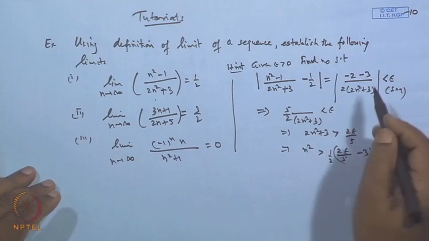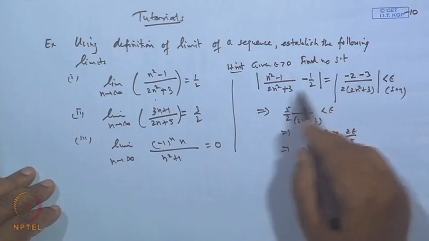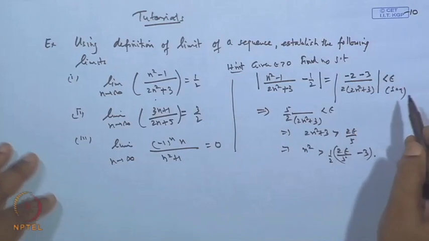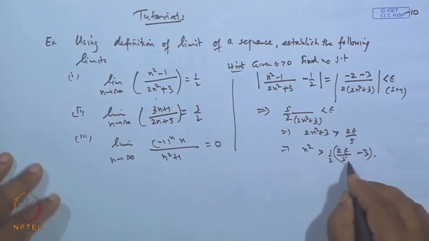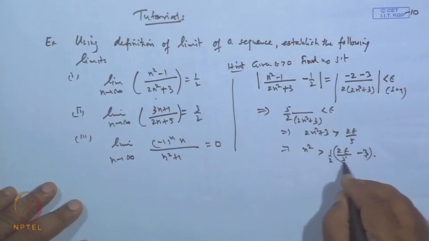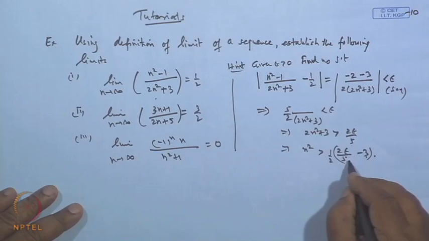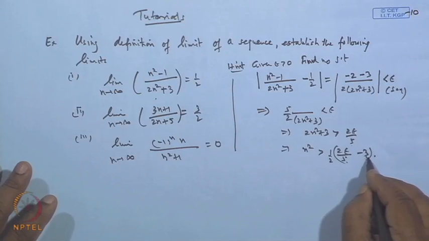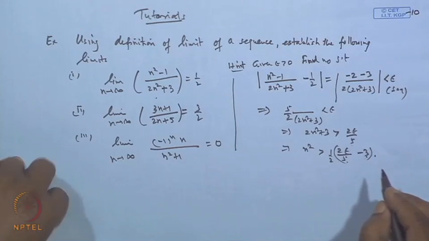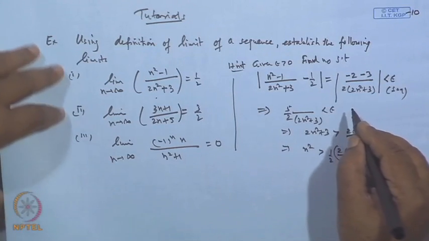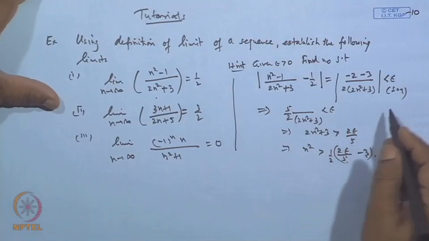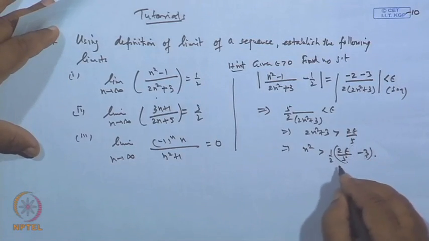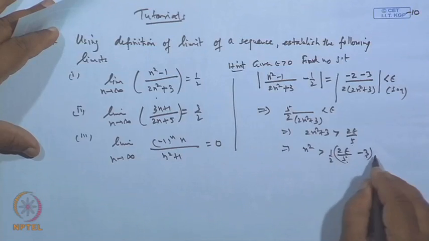Okay. So, the modulus has 2 n square minus 2 and 2 n square minus 3. Is it okay? So, minus 3 here is some problem. But what we can do is choose the positive part of it.